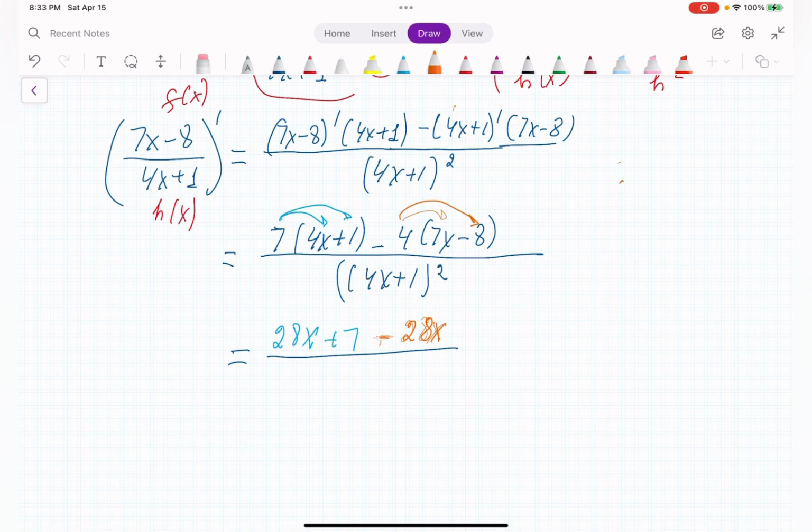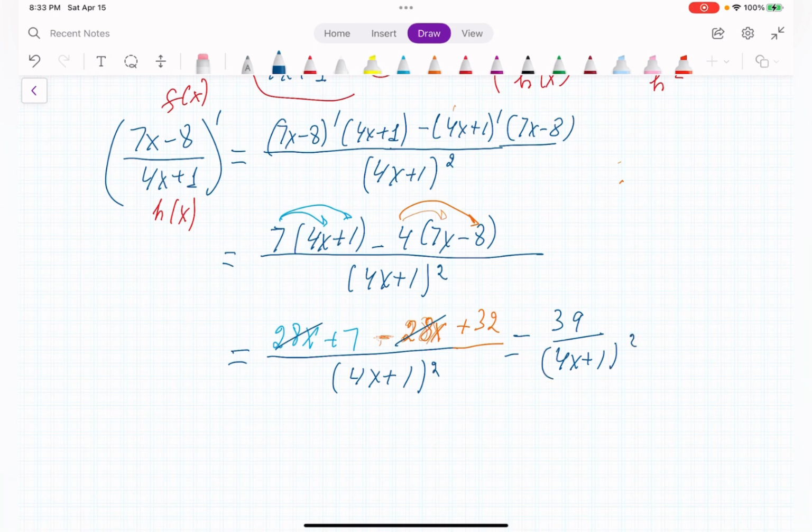And 4 times negative 8 is plus 32. We're dividing by 4x plus 1 squared. So 28x and negative 28x cancel, and we have 32 plus 7, 39 over 4x plus 1 squared.